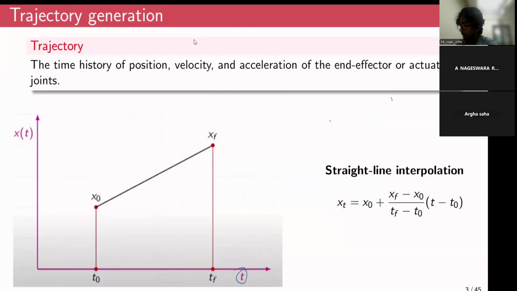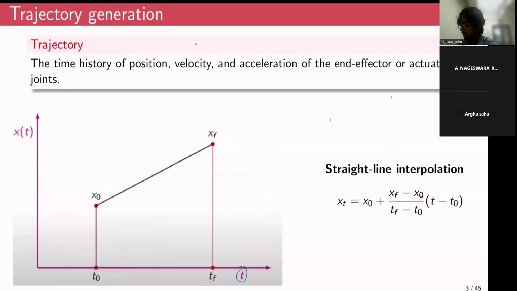So at any time t, you can essentially find the value of this variable using this expression: x0, which is the initial position, plus (xf minus x0) by (final time minus initial time), which is the slope of your straight line, multiplied by (t minus t0). So for any time t, you will be able to obtain the expression for this joint variable x.